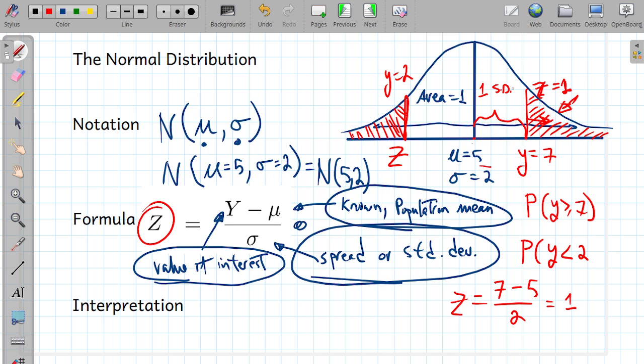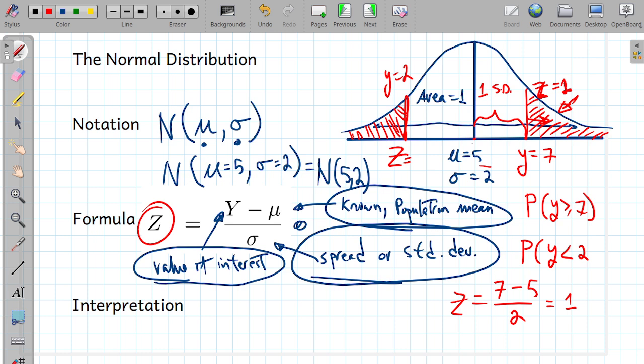That's all it means. Z is a number that represents the number of standard deviations you're either greater than or less than the mean value. You need to know that. You're going to get asked that.